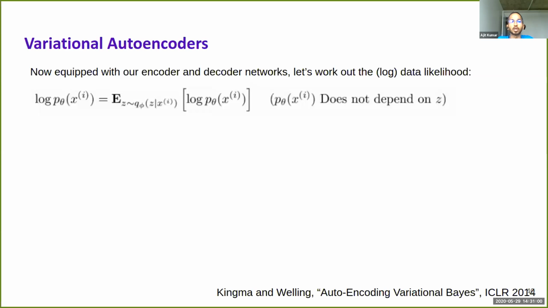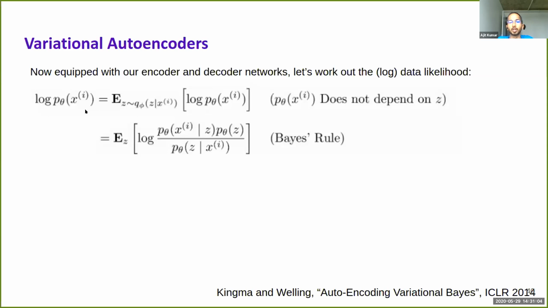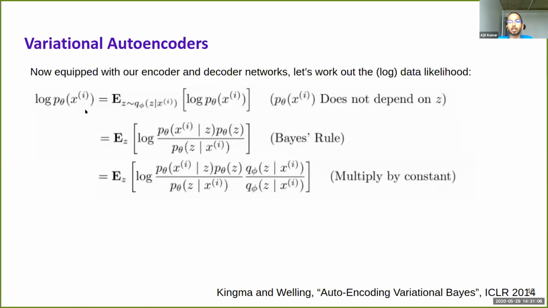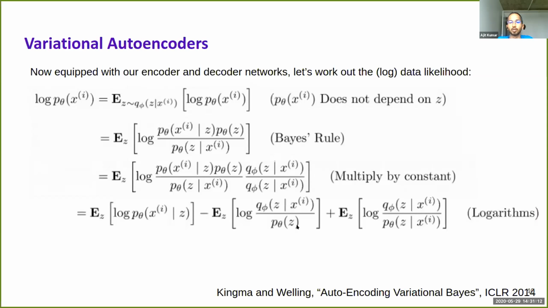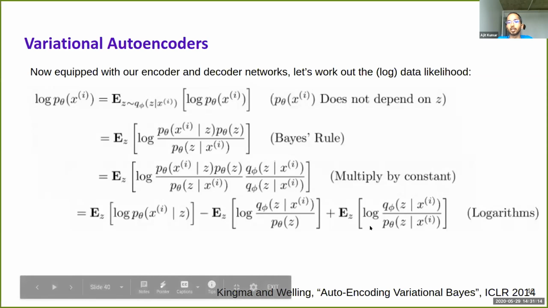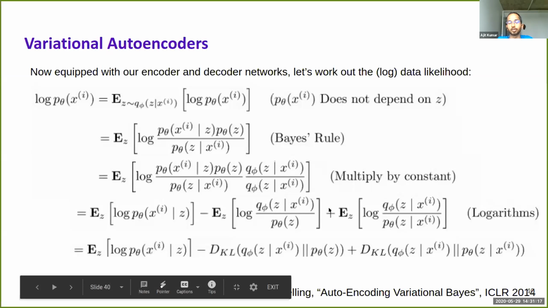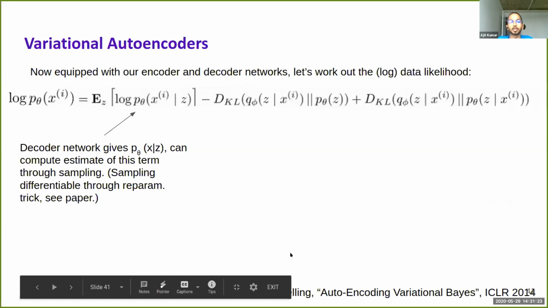So this is the log likelihood of our original model. We apply Bayes rule on it, then we multiply by this encoder that we defined right now. Then just separating these, this essentially turns out to be an equation of this form, which represents a couple of things.